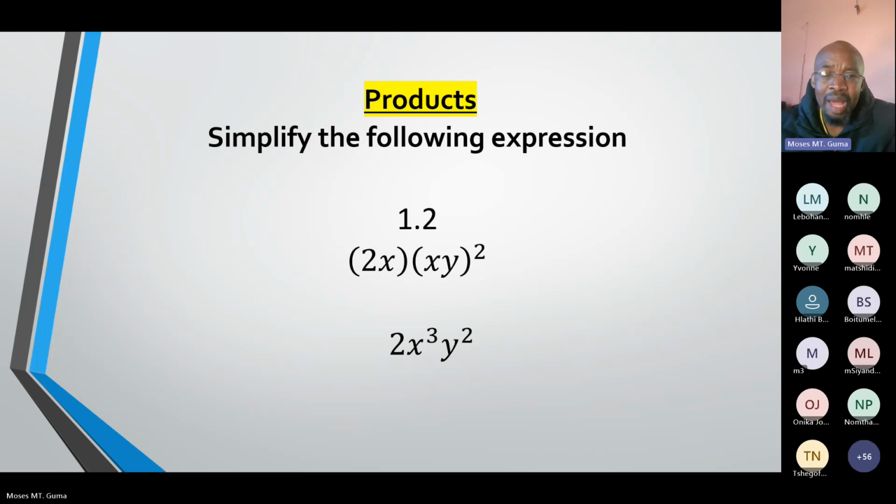Multiply it by itself. How many times? You just multiply it by itself 2 times there. It would be xy multiplied by xy. Pardon my writing there. Now, after you have done this, remember you still multiply it with a 2x there.